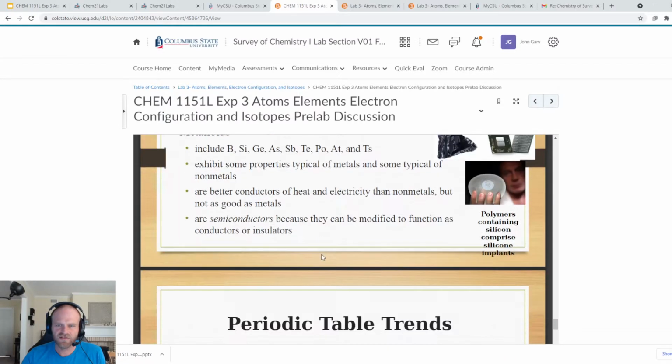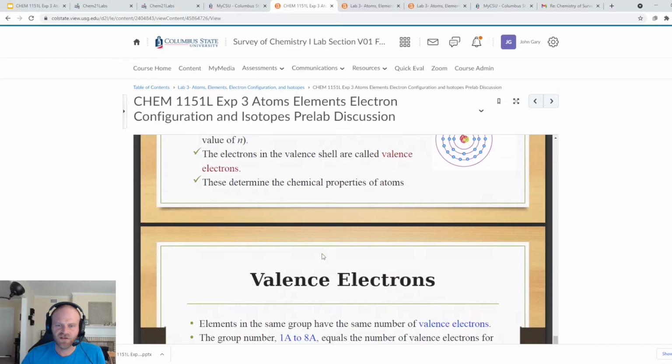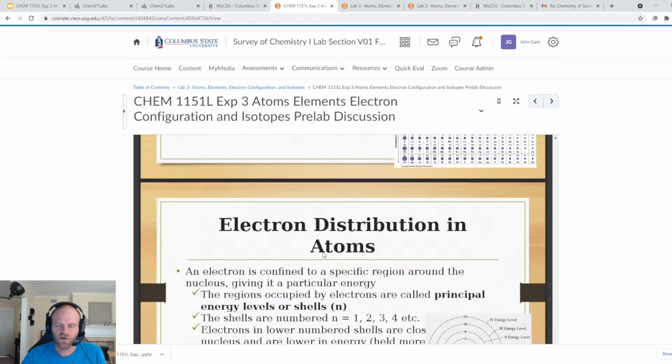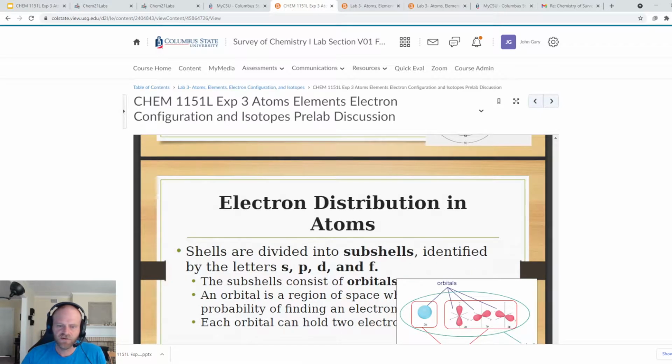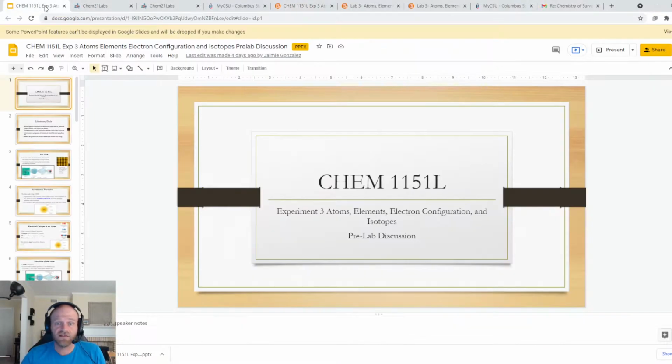In other ones, the image kind of covers up some of the words, or you might not be able to see the entire image like here. So just pay attention to that. I would suggest, once again, downloading it and opening it up through Microsoft Office. Then you shouldn't have any problems being able to read all the text and see all the images. All right.